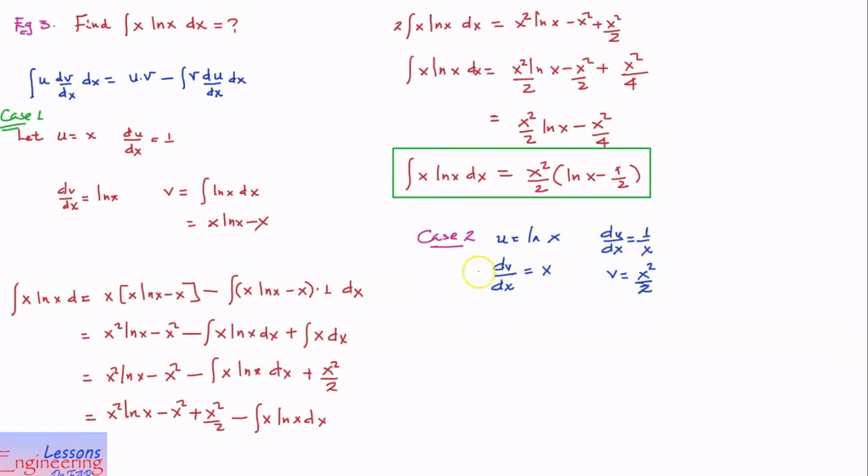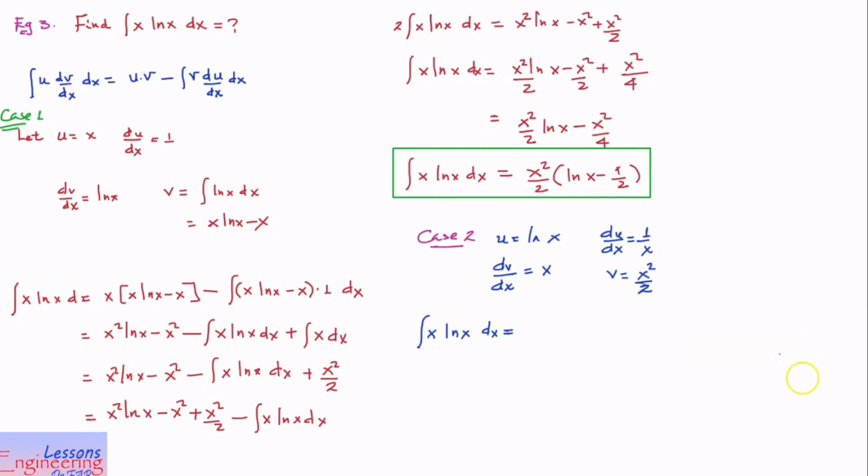Now let's do the same again. Insert this in our integration by parts formula, which is the integral of x ln x dx. So this equals u times v.